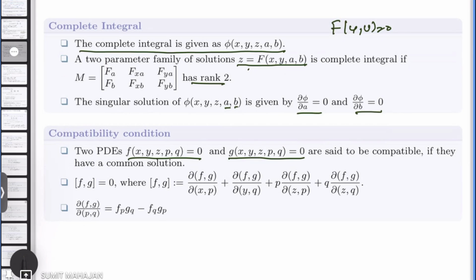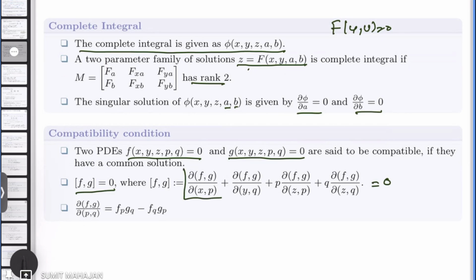The mathematically equivalent check for the compatibility condition is that box of f comma g should equal 0. What is this box of f comma g? This equals the Jacobian of f, g upon x, p plus del f, g upon del y, q plus p del f, g upon del z, p plus q del f, g upon del z, q. If this box equals 0, then we say that f and g are compatible.